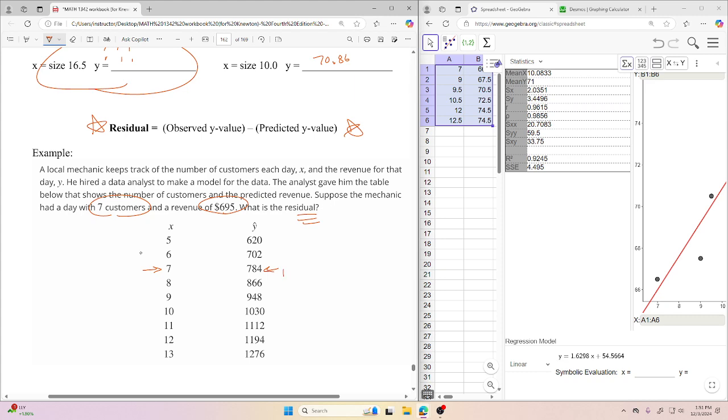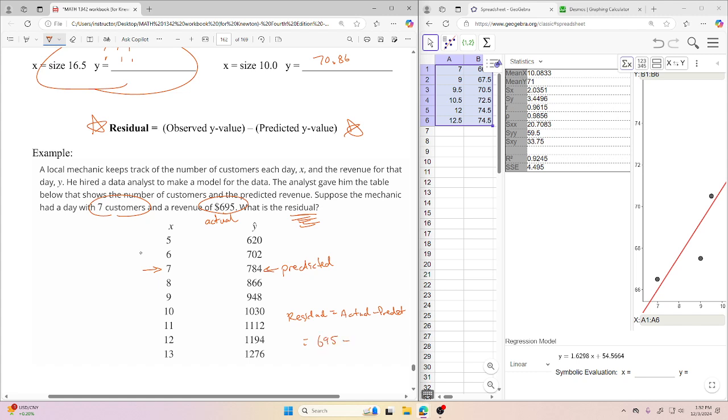And this 695 is my actual. So far, so good. So I need to find residual. We already have the formula right there: residual is the actual minus predicted. So what would be my actual again?